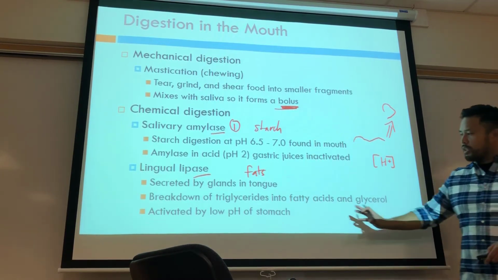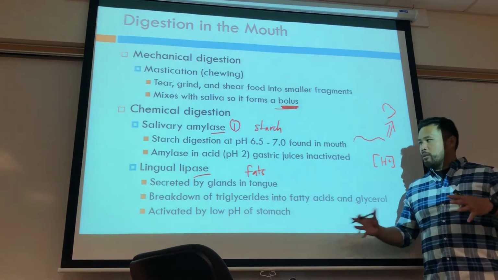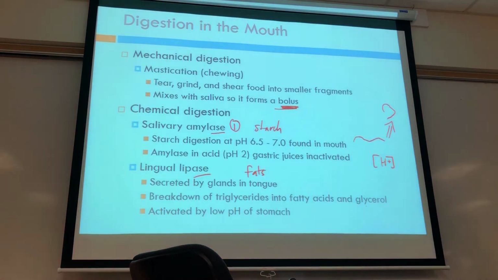It's really due to the chemical and the pH that allows for the optimal operation of that particular molecule. So in this case, amylase is active in a neutral pH. Lipase requires the gastric juices in order to become active and start breaking down fats.